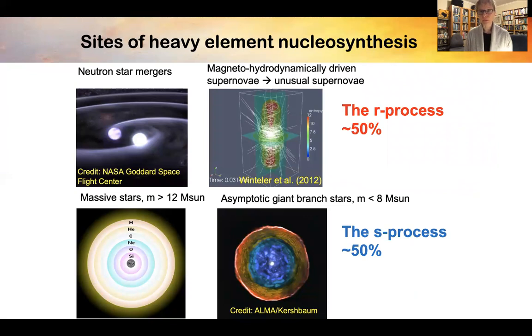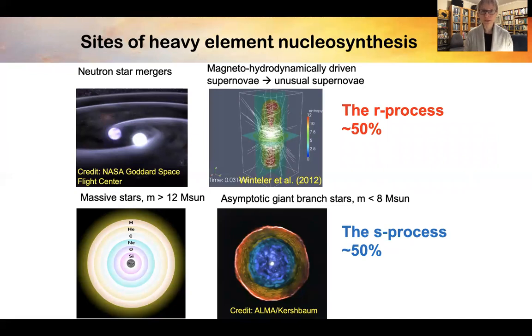So this is a summary slide. I'm essentially skipping to the end in some way, but I think it's useful to start at the end. In terms of the rapid neutron capture process, it makes half of the elements heavier than iron. You'll hear a lot more about this, but the broad summary is that two sites have been identified, both from theory and maybe even observation. Anyway, I'll leave the discussions to you to make up your mind from what you hear.